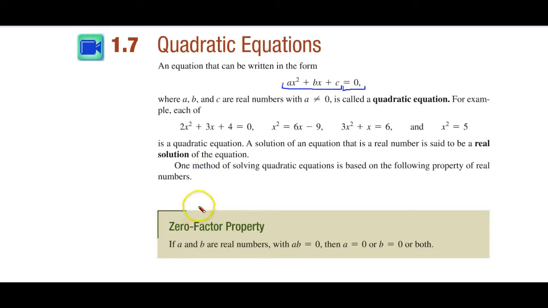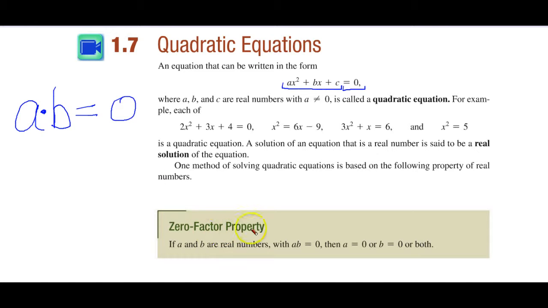Now, what is the zero factor property? I'll write it over here. A times B equals 0. Now, here we're multiplying A is then a factor, times B is a factor, and the product of that multiplication is going to be 0.